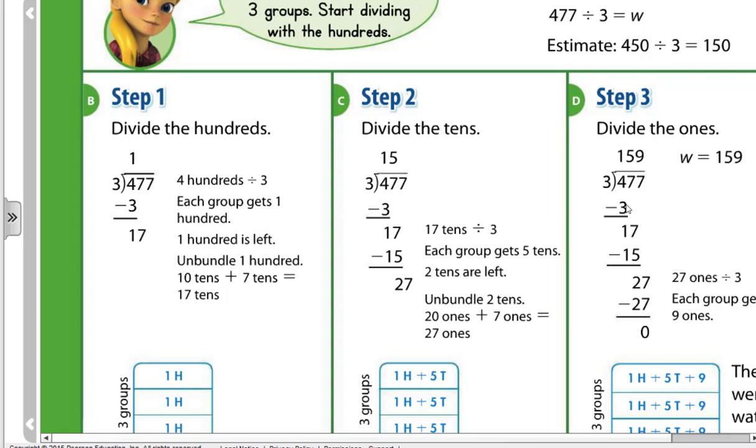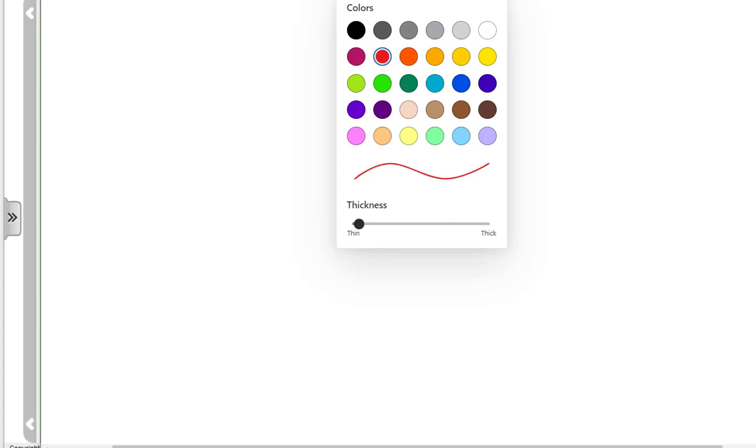Okay, it's better for us to see the steps slowly, so I will write the steps here. I will use this page to write the steps. So please focus with me. My heroes, mute your mics, and please focus with me.